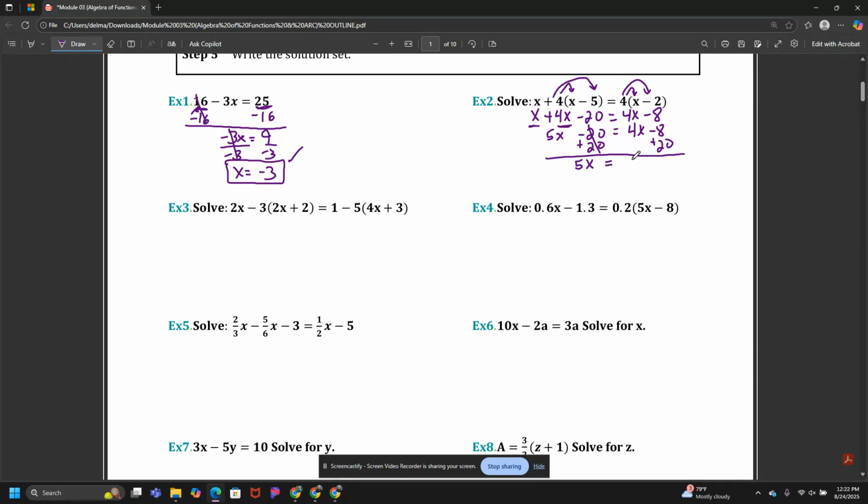So I'm going to have 5x is equal to 4x. Negative 8 plus 20 is positive 12. Now I need to subtract my 4x over. If I've got 5x's and I take 4x's away, I've only got 1x left. So my answer is x is equal to 12.